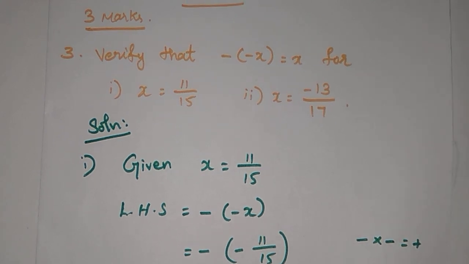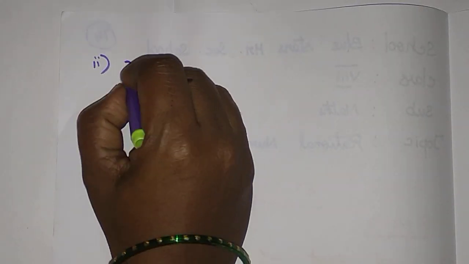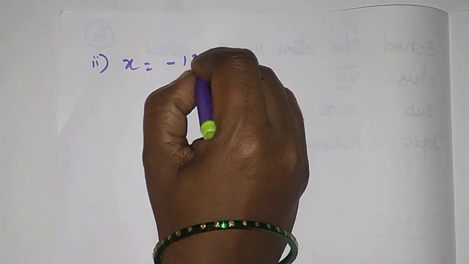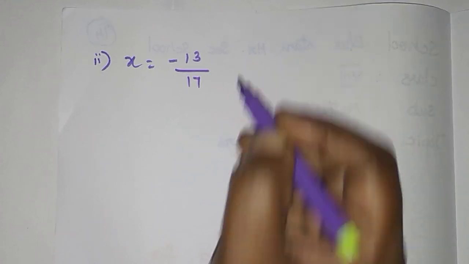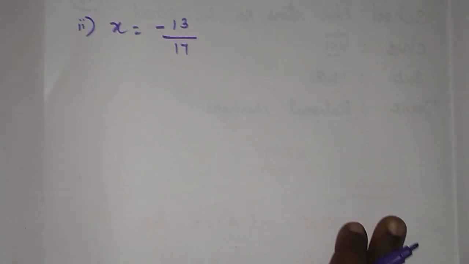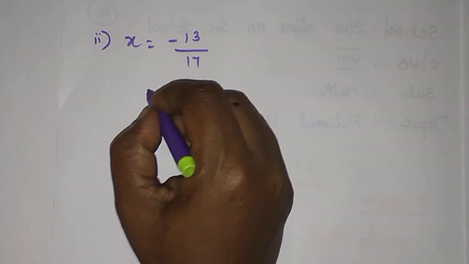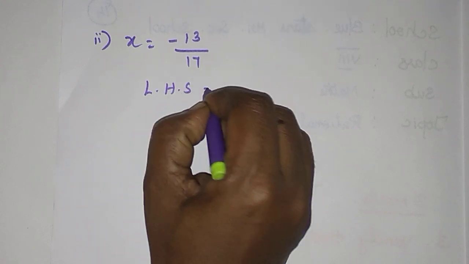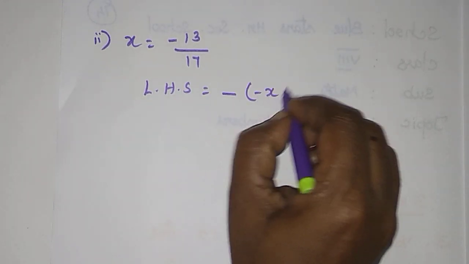Next we will do x equal to minus 13 by 17. Second one, x equal to minus 13 divided by 17. Okay, the same method, take the left hand side. Left hand side is equal to minus of minus x.